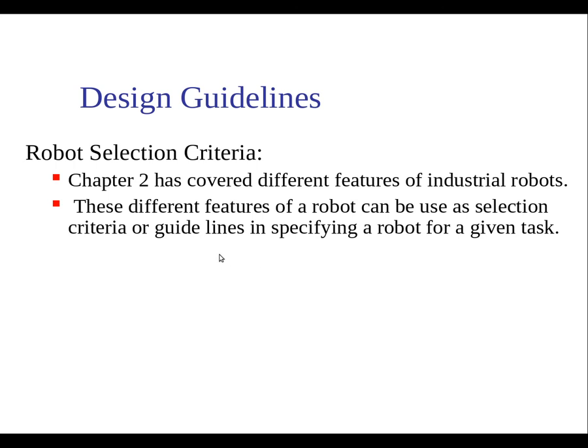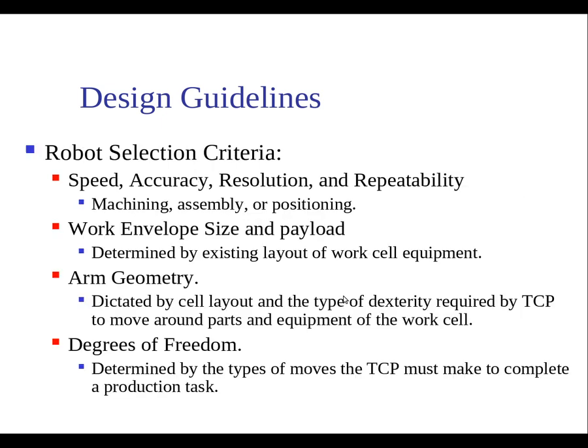So when we look at trying to pick what robot we need, we want to match the robot to the task. Right? So there are various different criteria that we need to consider when we're trying to match the robot.